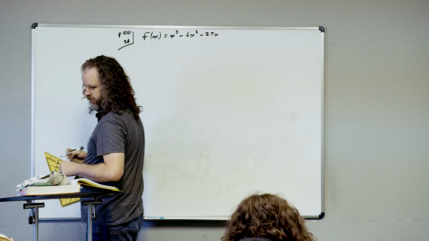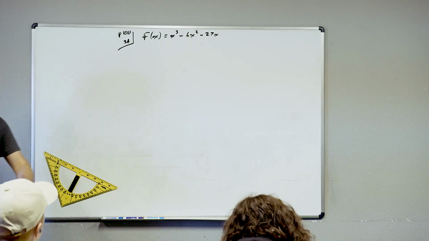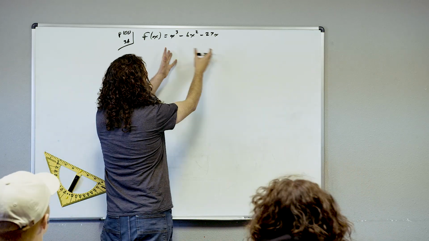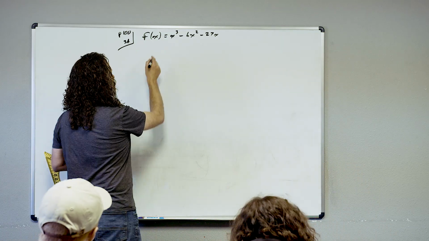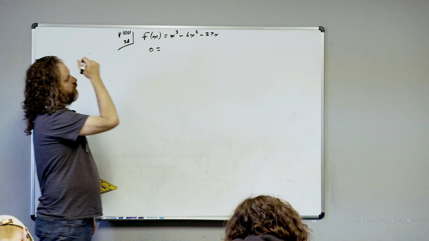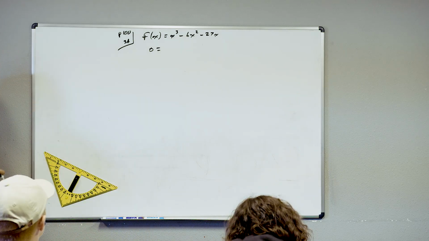So to find the zeros, what you would always do is put a 0 here and solve that, right? So this equals 0 and then all of that is the same. So we need to factor that. So what do we need to do to factor that mess?